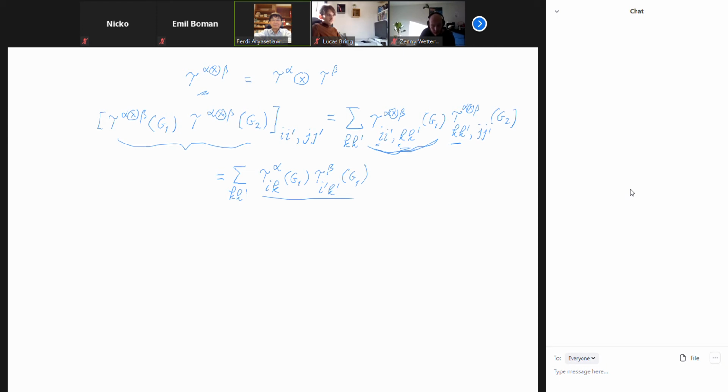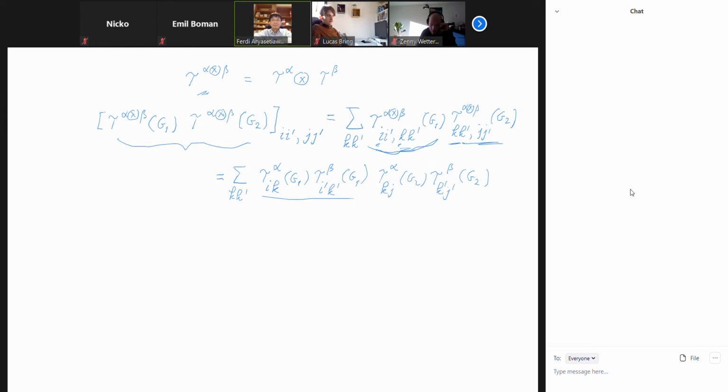And the same for the other ones, so that we get T^alpha_kj(G2) and T^beta_k'j'(G2). We haven't done anything, we just used the definition of the direct product matrix.